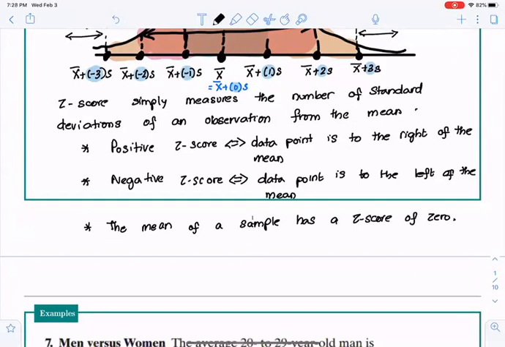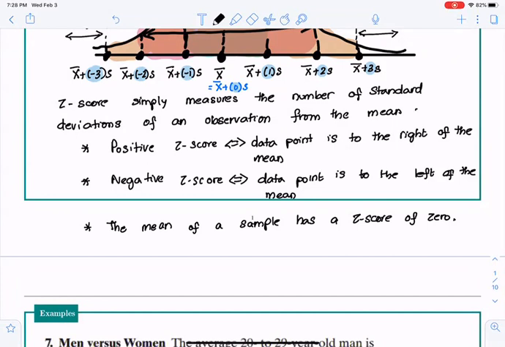Now, as I mentioned, z-scores are measures of position. In other words, they tell us where a particular observation lies relative to the mean. And oftentimes we can compare multiple samples using z-scores, but the only condition here is that the samples have to have a bell curve.